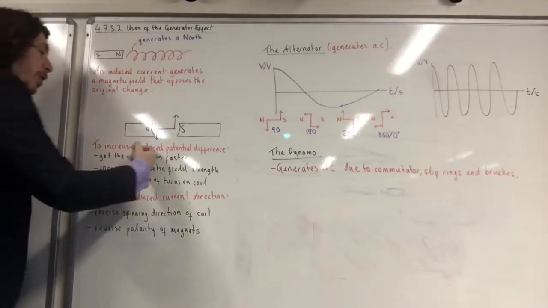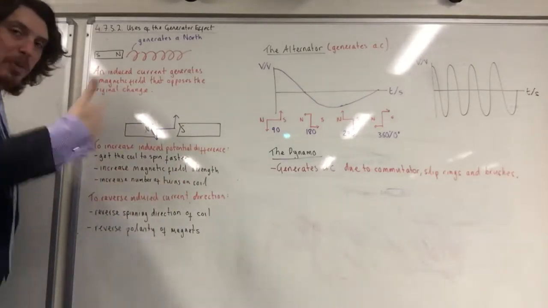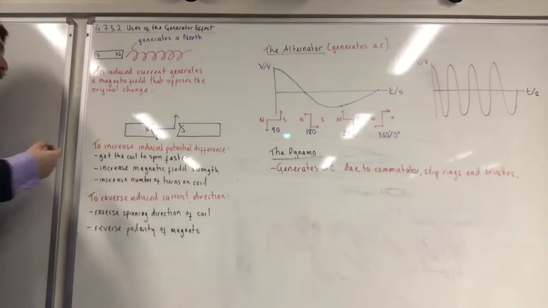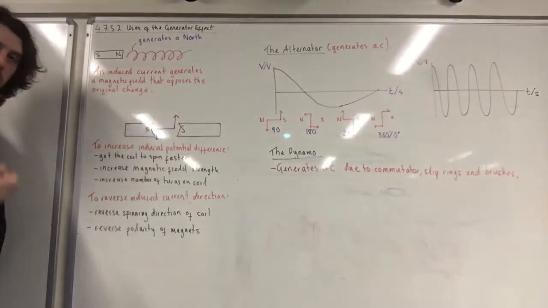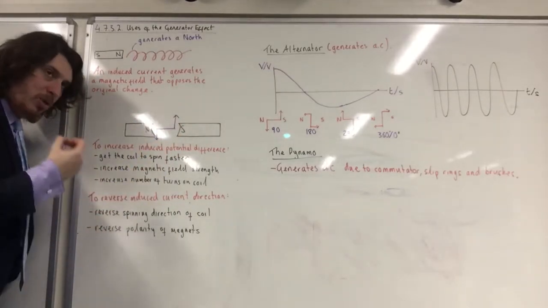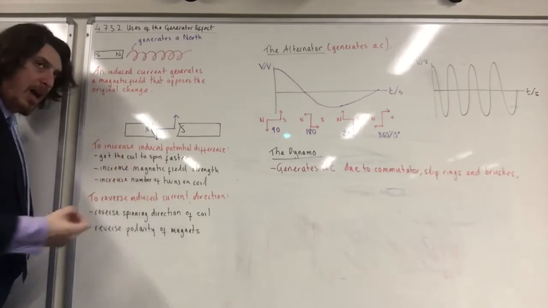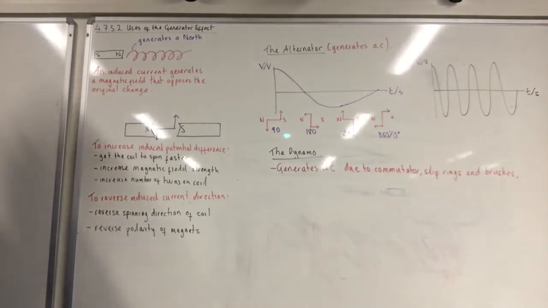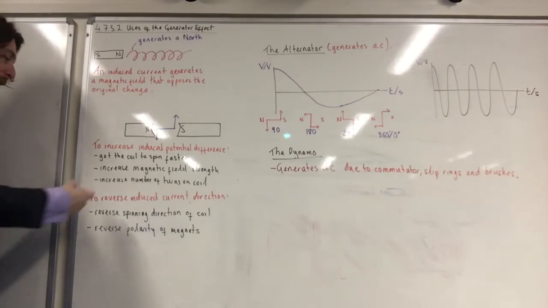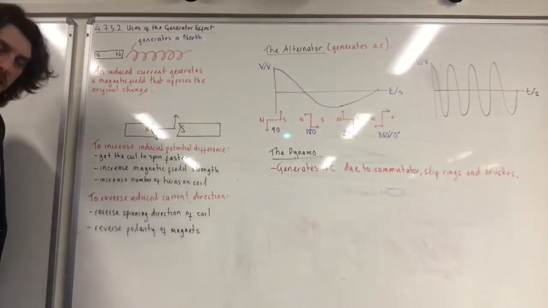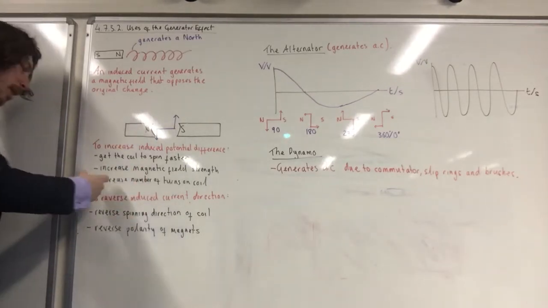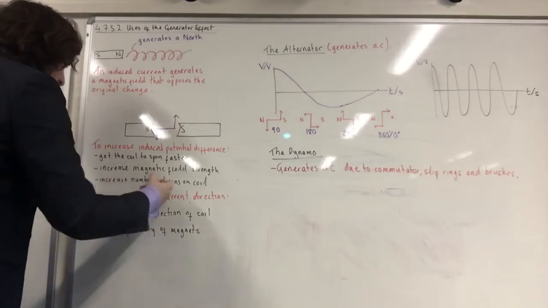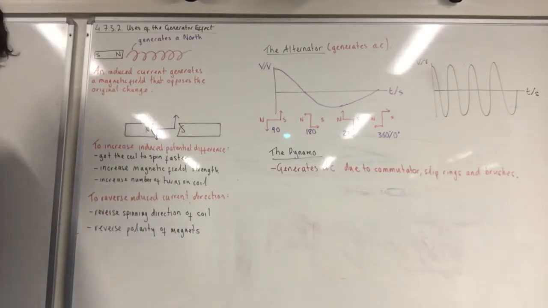If we want to increase that value, we could get the coil to spin faster. We could increase the magnetic field strength, which is why power stations actually use super electromagnets with high magnetic field strengths to generate a higher potential difference. Or we could increase the number of turns on the coil. That would also correspond with increasing the area of the coil as well.